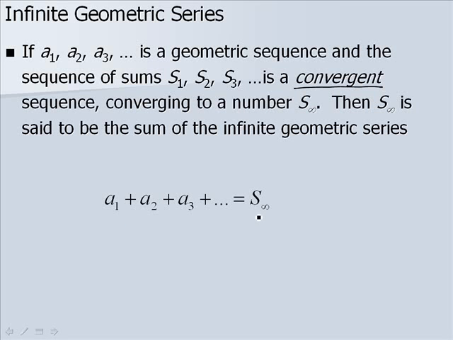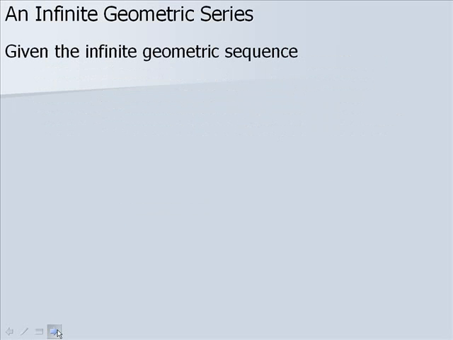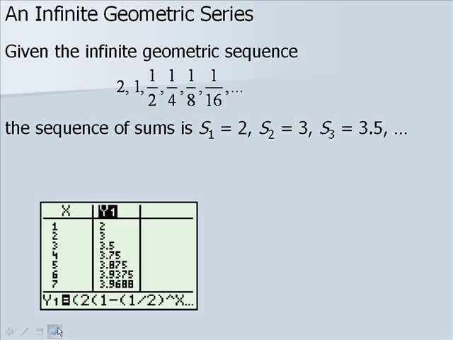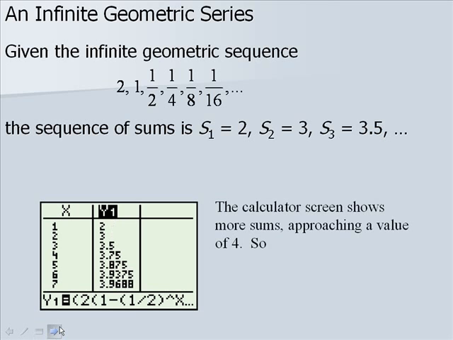Given the infinite geometric sequence here, the sequence of sums is S1 is 2, S2 is 3, S3 is 3.5, and so on. On the calculator we can see a listing of our sums, and as we go on, the screen shows more sums approaching a value of 4, so the sequence of our sums will converge to 4.